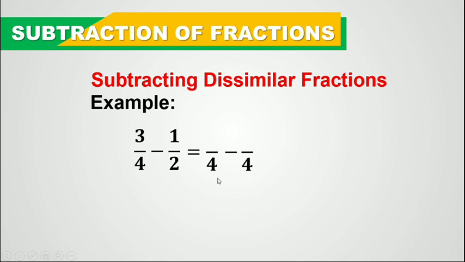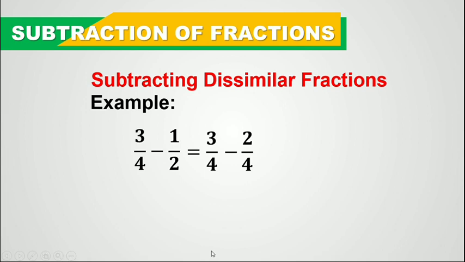So after getting their LCD, you're gonna divide the LCD by each of the denominators, and then you have to multiply the numerators. So just like this. So 4 divided by 4, that's 1, and then times 3, that's 3. So you're gonna write your answer here. And then 4 divided by 2, that's 2, and then times 1, that's 2.